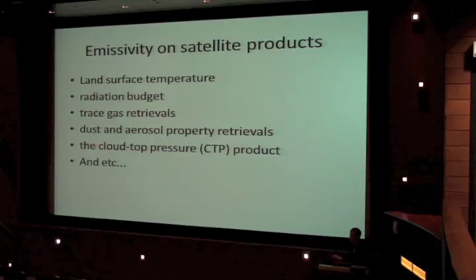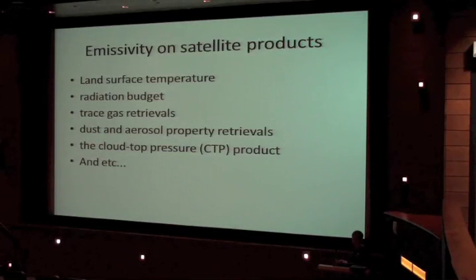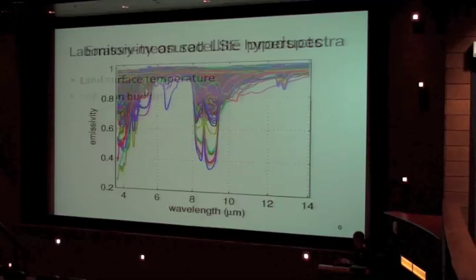And I'm sure a lot of you know emissivity is very important for many scientists' satellite products. The bottom line here is if you need to do radiative transfer calculation, you will need an emissivity.